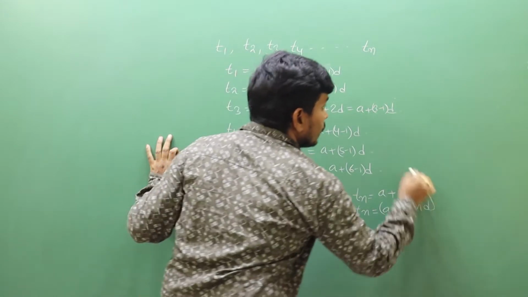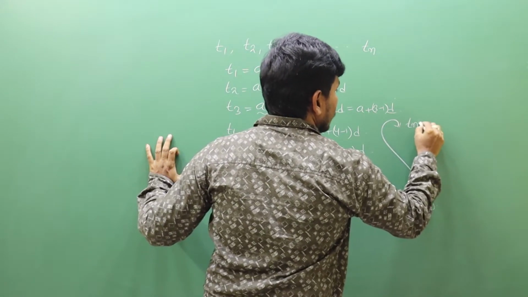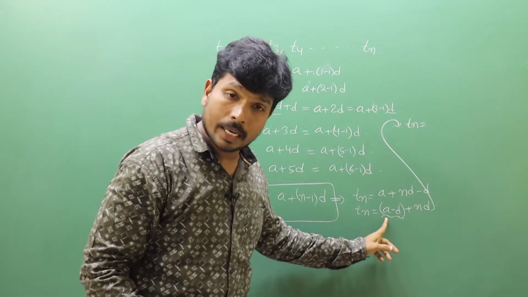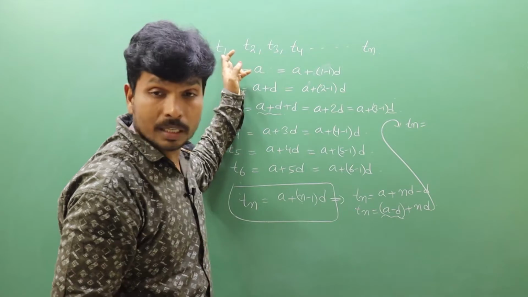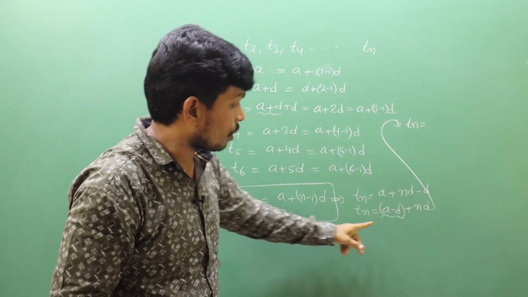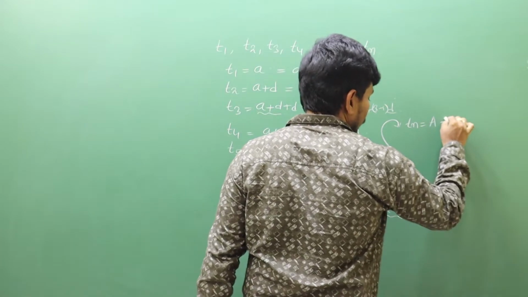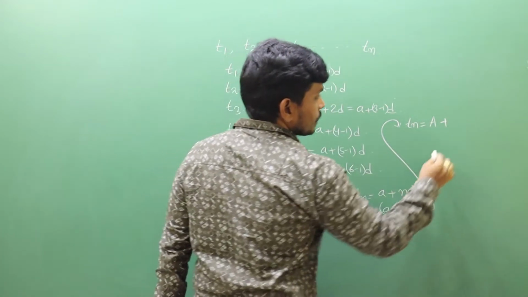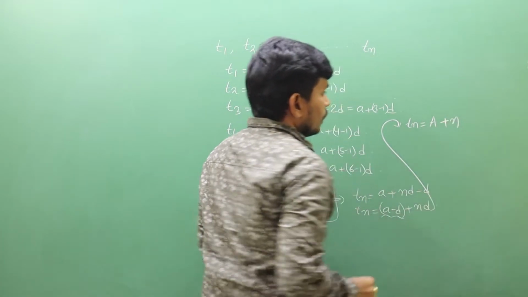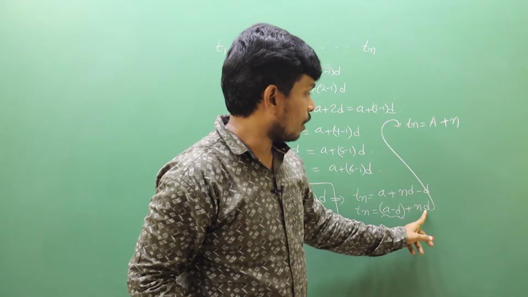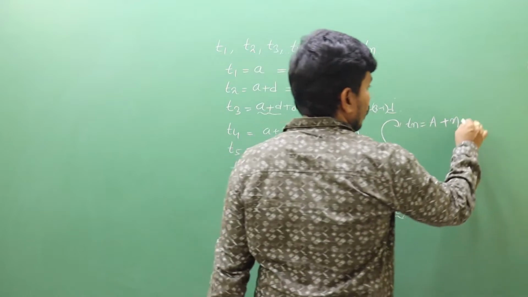This a minus d is a constant, because a is the first term, which is always constant, and the common difference is also constant. This constant I am denoting by capital A. Plus here n is the variable, because the n value changes. d is the common difference, that is also constant.